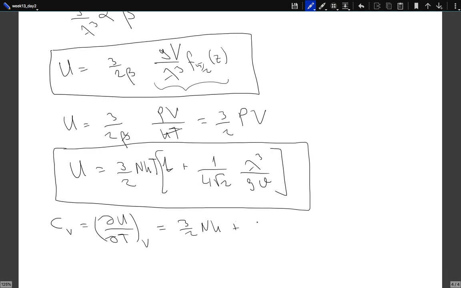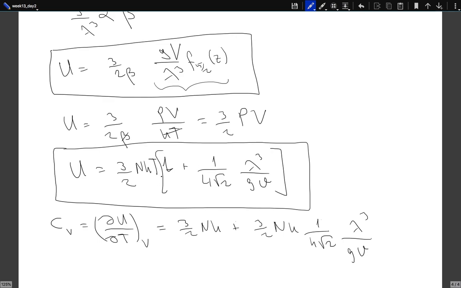And from the second one we would get 3 over 2 nkT and k, 1 over 4 square root of 2 lambda cubed over g times V. But keep in mind that lambda cubed was T to the power minus 3/2.